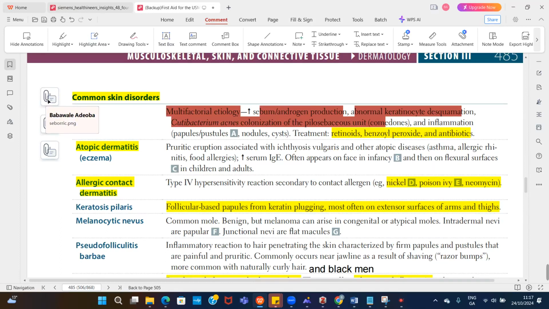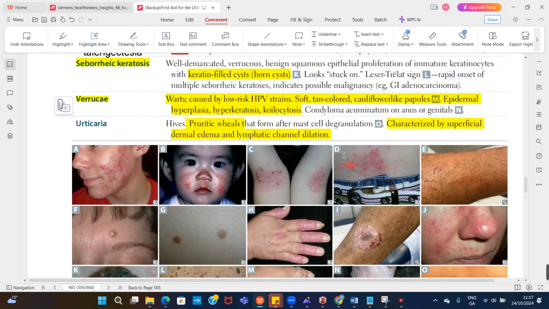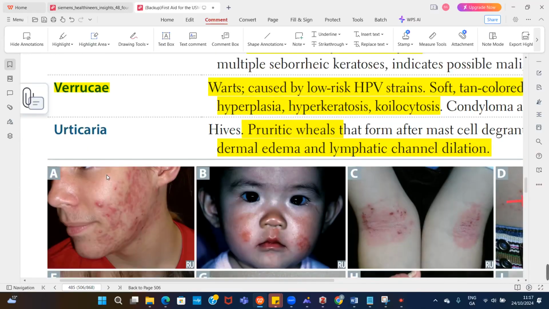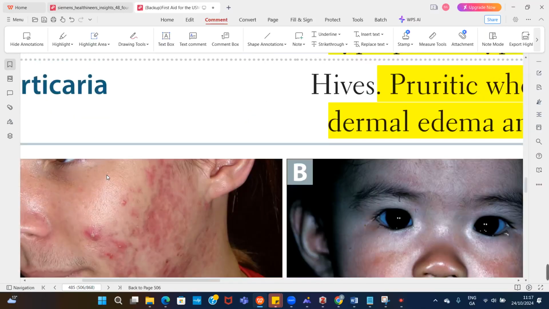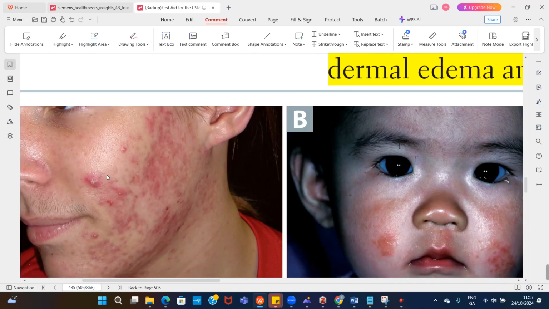Now, I want to say something. First of all, there's something we call comedones. Let me see if I have an image here. Okay, I don't have an image for comedones. Comedones are just those pilosebaceous units filled with keratin and sebum.